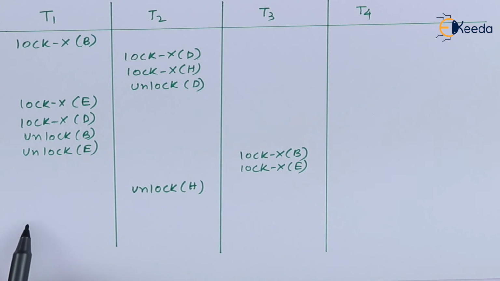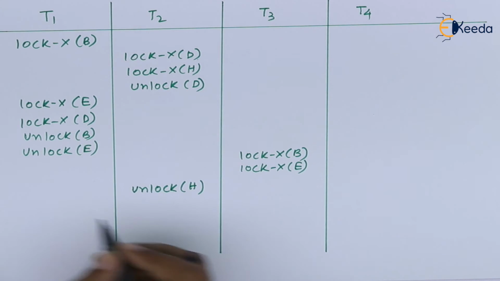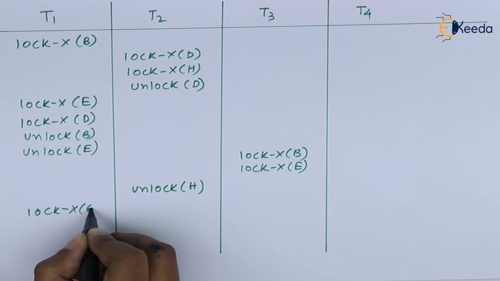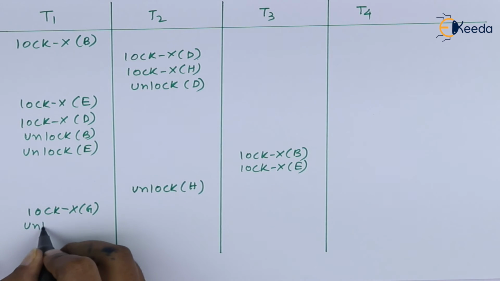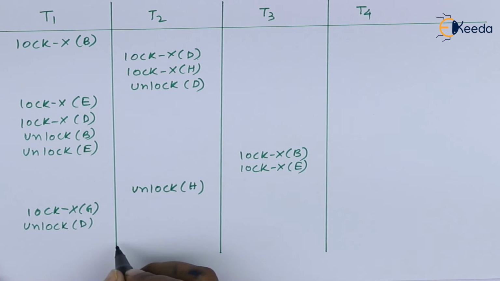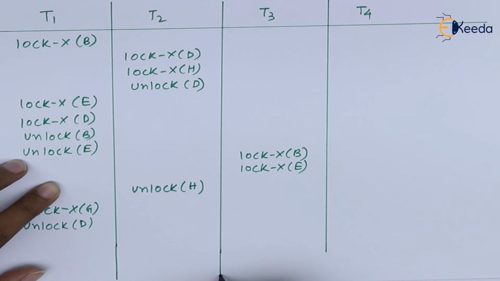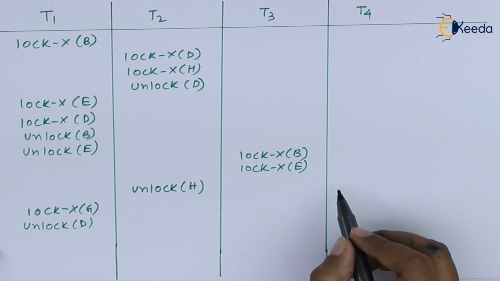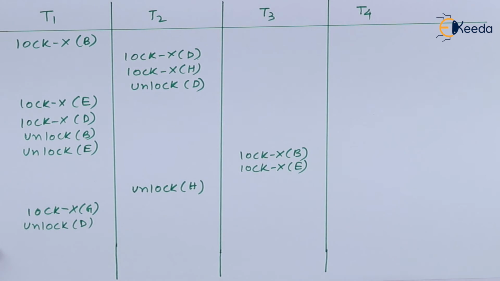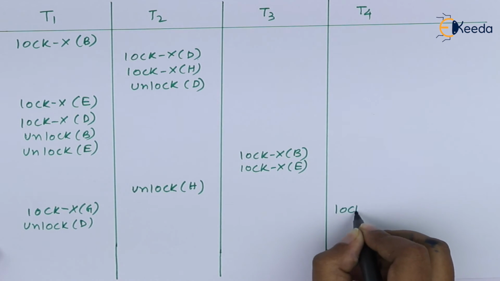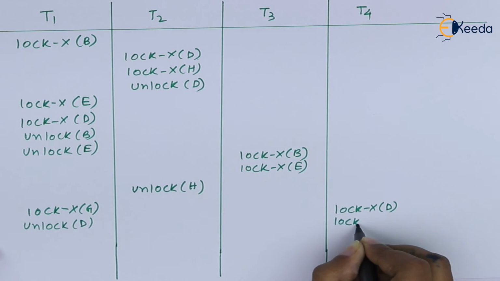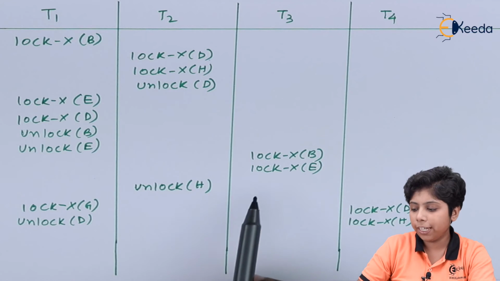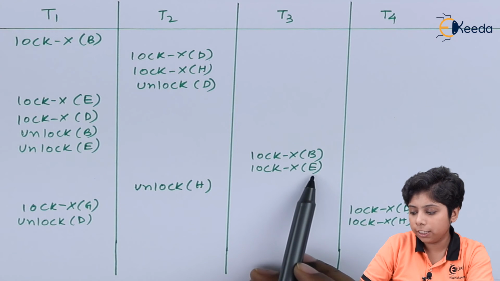After that, we have the lock on G here and also unlock D here. Now on T4, we will unlock the following. After that, we put locks on E.